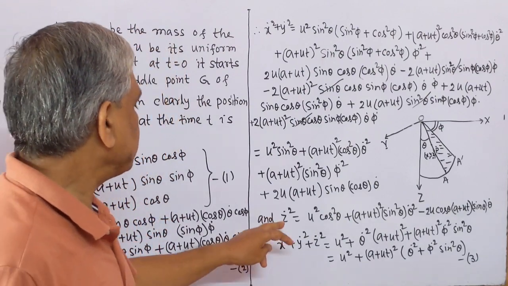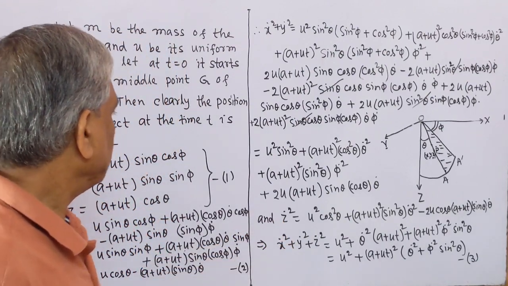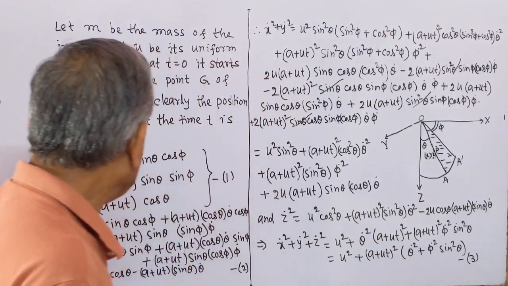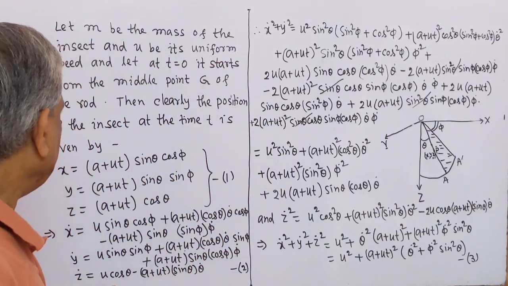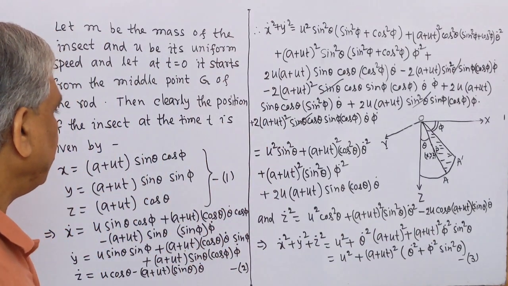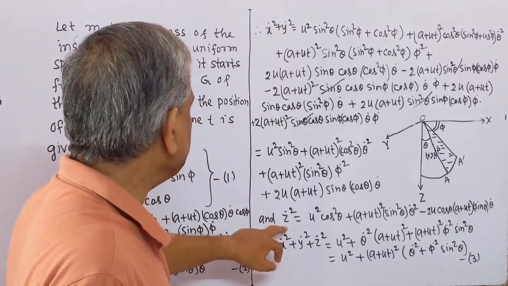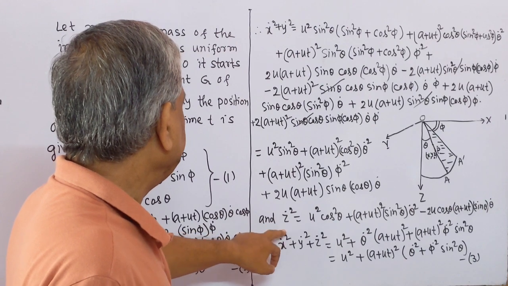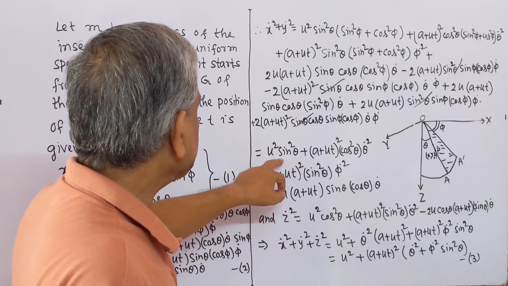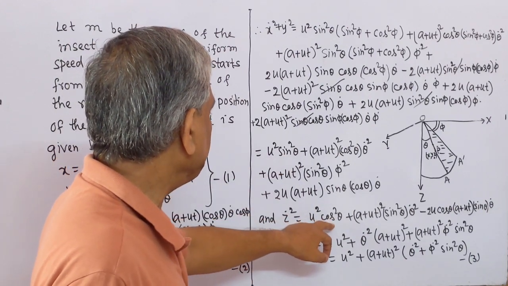Now z dot square, we get this term here, z dot square equal to (a minus b) whole square, and then x dot square plus y dot square plus z dot square. Here we see u square sin square theta, here u square cos square theta.